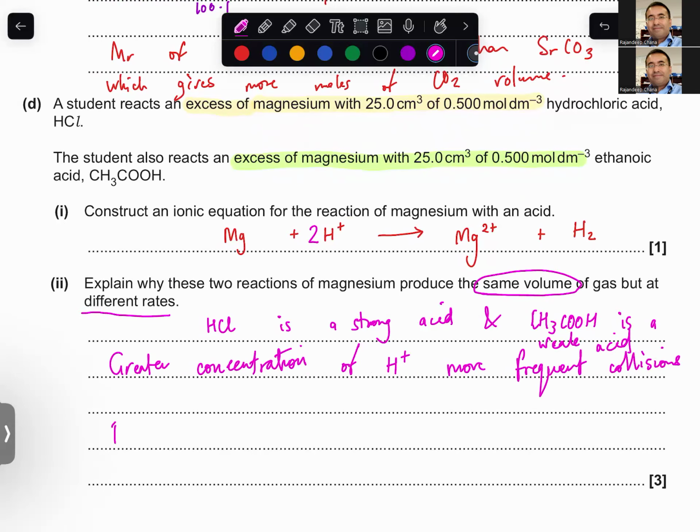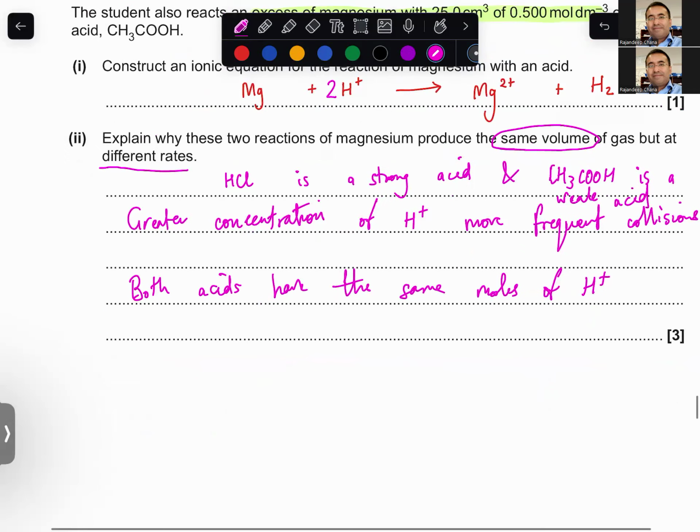Both acids still eventually have the same number of moles.